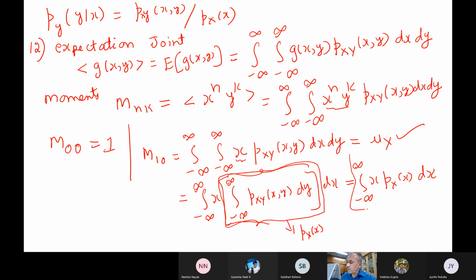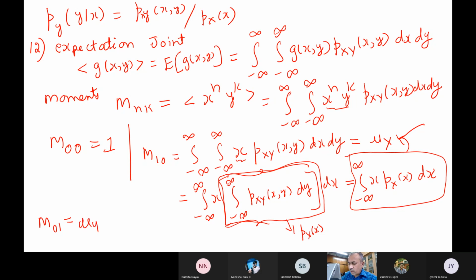Now what will be this value? x into px of x, we have already seen for the one-dimensional case, is nothing but the mean value. That is how you have to provide the answer. In a similar fashion, what will be m01? Mu y.